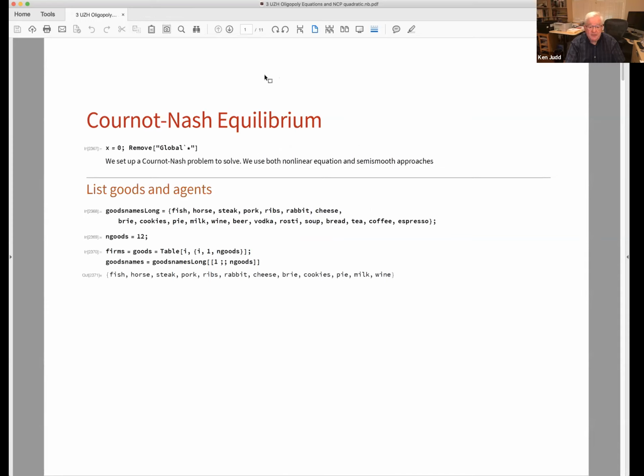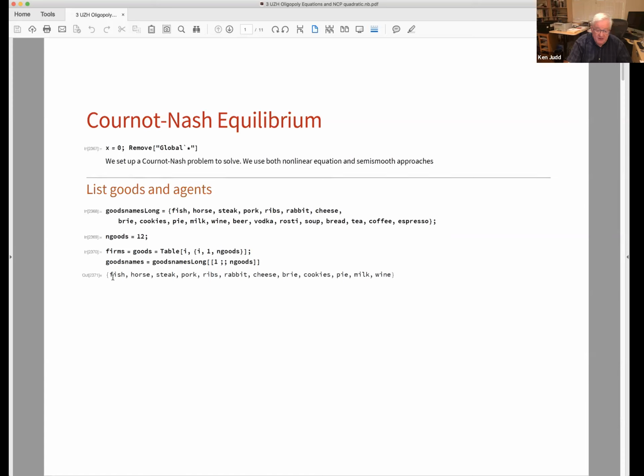So now, here's a Mathematica notebook. What I'm going to do is solve a general equilibrium problem. I've written this up so that it can have up to 20 goods. There's a list of 20 goods. For this example, I just said, let's stick with 12 firms. So the number of firms equals the number of goods.